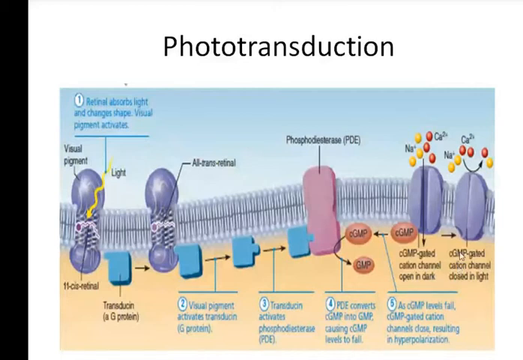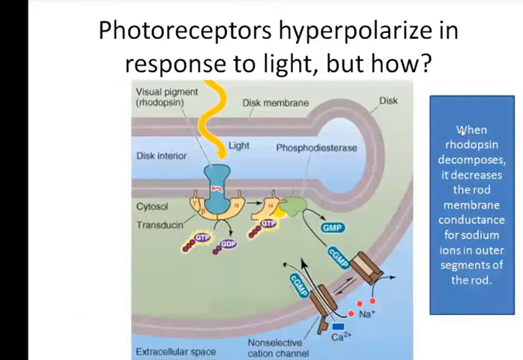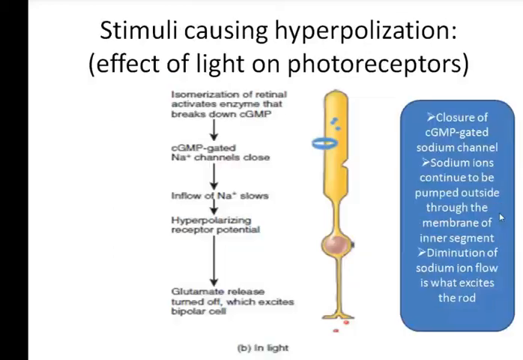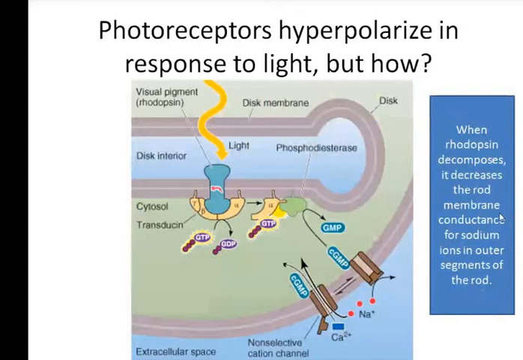So that is one thing. Another thing is that when rhodopsin decomposes, it decreases the conductance for sodium ions in the outer segment of the rods. Did you understand this?